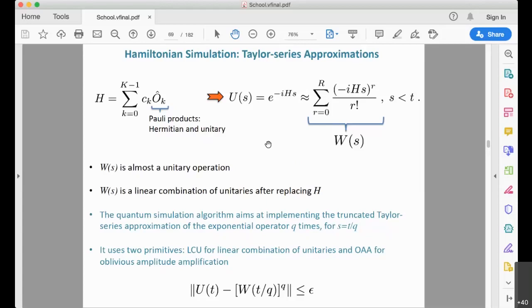Another quantum primitive that we had to design for this problem is what we call OAA, which stands for oblivious amplitude amplification. So LCU is for linear combination of unitaries, OAA for oblivious amplitude amplification. And I should point out that these two primitives have actually been used for many other problems beyond Hamiltonian simulation.